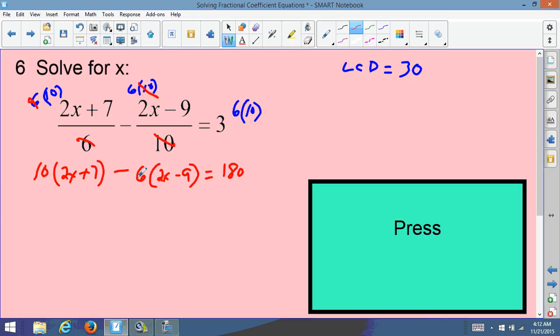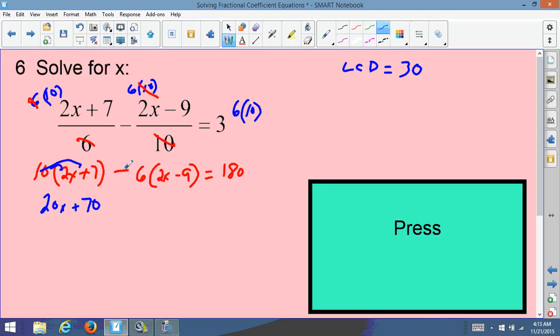So here is my question. Notice there are no denominators. So now let me clean up this mess a little bit better. Go back to blue. I'm going to distribute: 10 times 2x will give me 20x. 10 times 7 will give me positive 70.